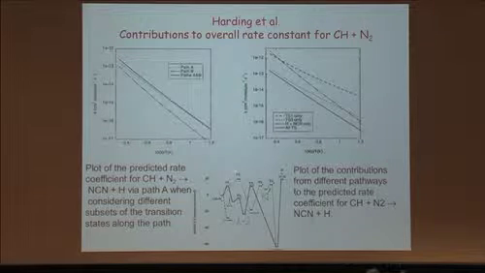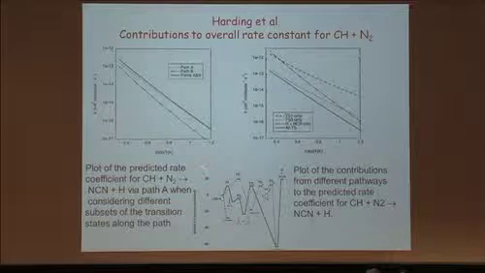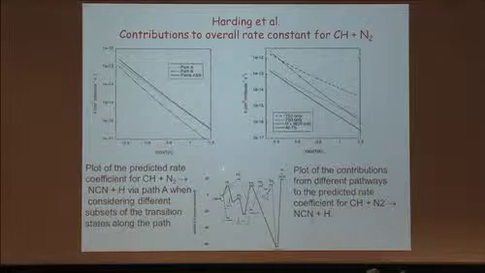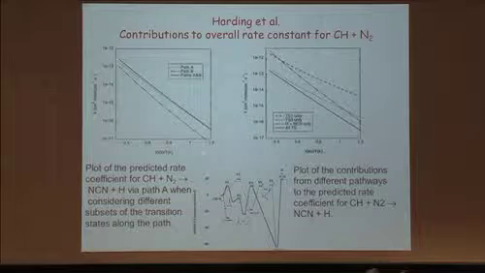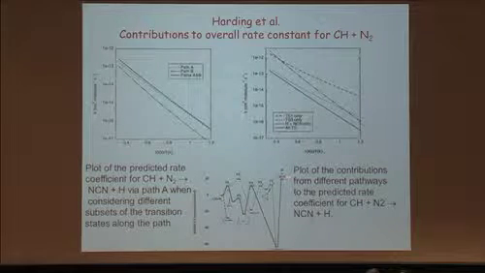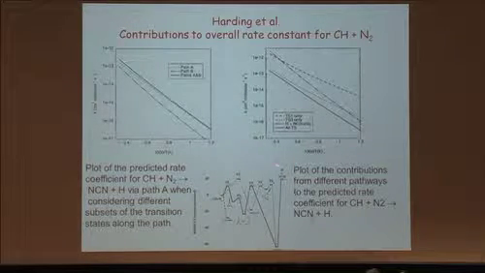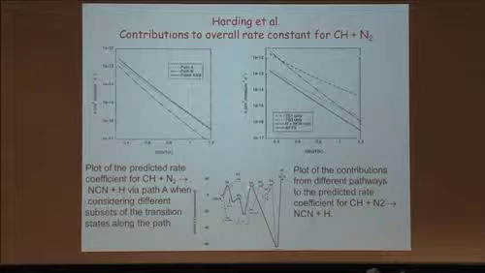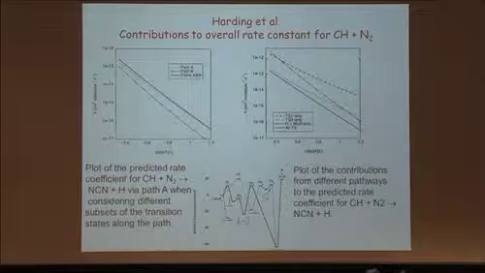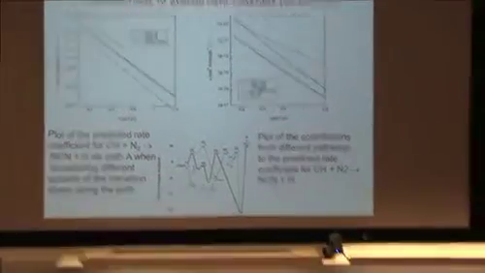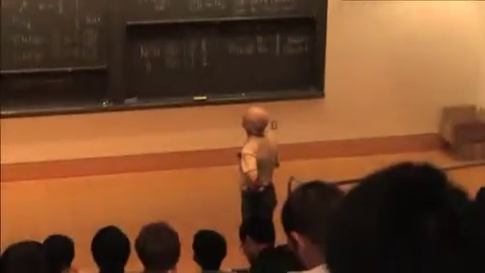They then looked at the importance of the various transition states along here. And so if we imagine the reaction coming along from the left to form the products, we can imagine that the reaction flux is going to reach a certain minimum when it goes over each of these barriers here.